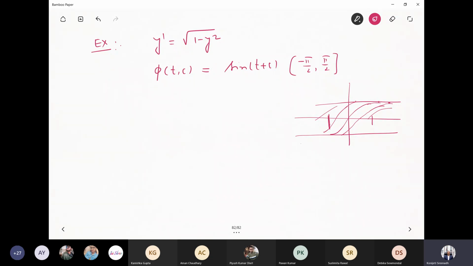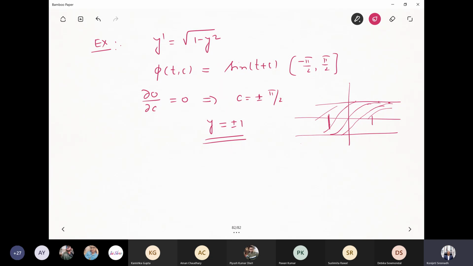And that's what we also find: cos(t plus c), differentiating this, ∂phi/∂c equals 0 implies c equals plus minus pi by 2. So that gives y equals plus minus 1. So these are the two lines which are actually coming as envelopes of this one parameter family.